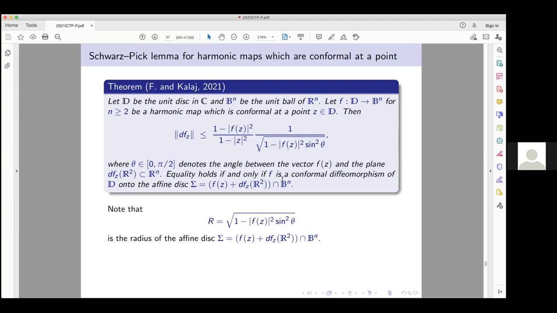You were talking about using the Sibony metric, for instance, as a strategy for lower estimates on the pseudometric that you hinted at. So did I miss something?